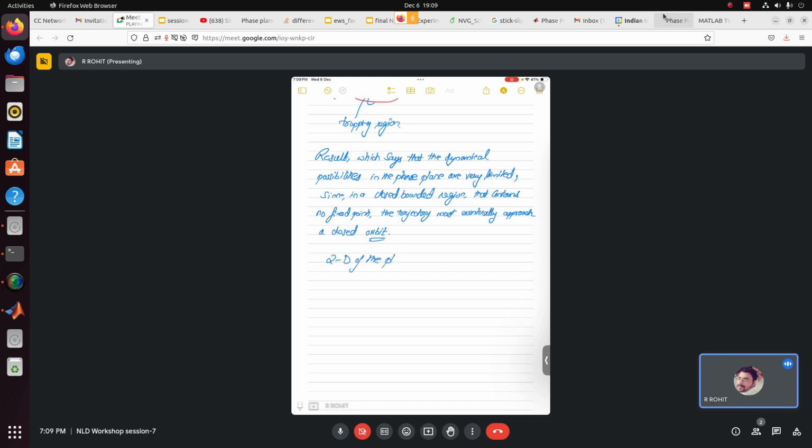It says that for higher dimensions the Poincare-Bendixson theorem will not be applicable, and the trajectories will not be moving as we have explained here. They may wander around forever in a bounded region without settling down to a fixed point or a closed orbit.